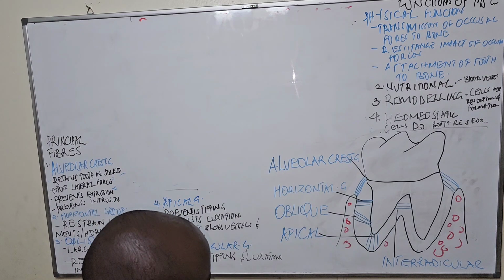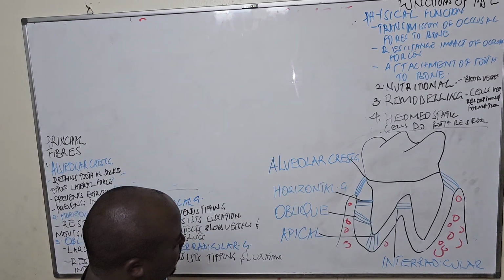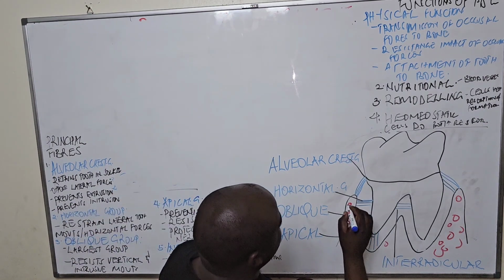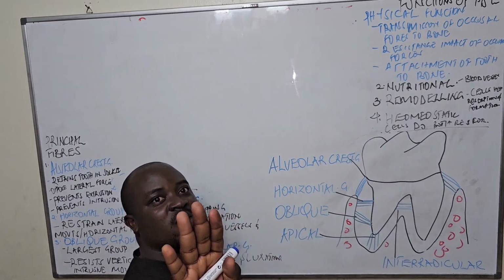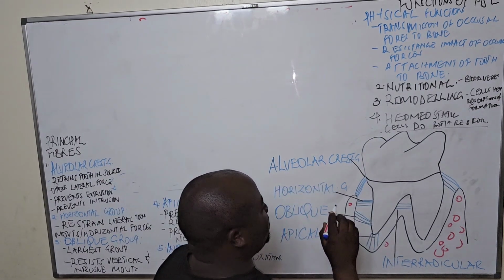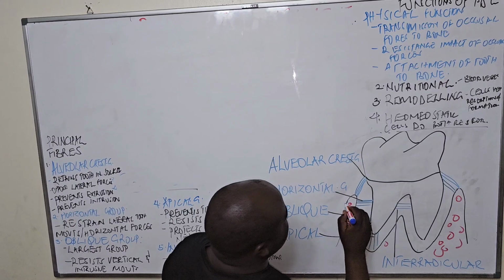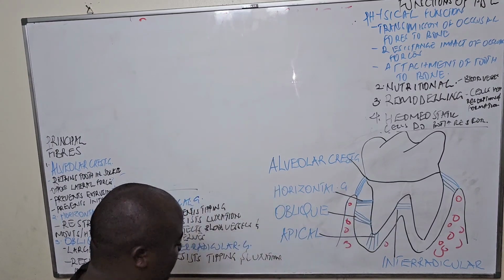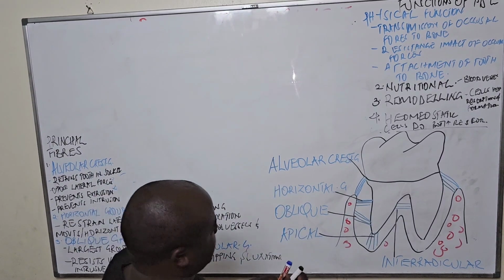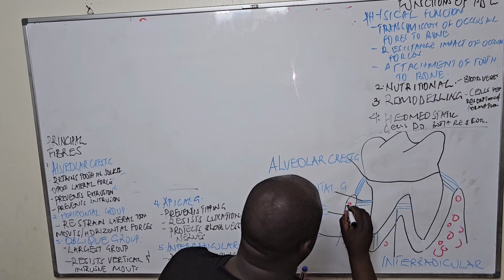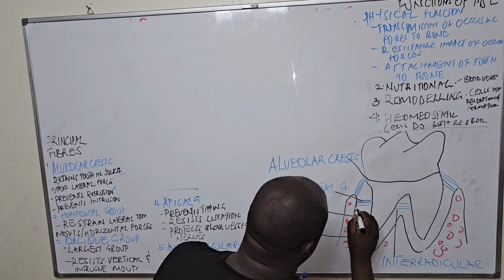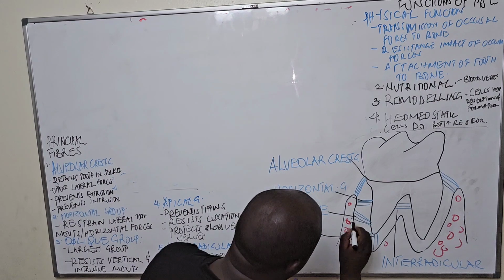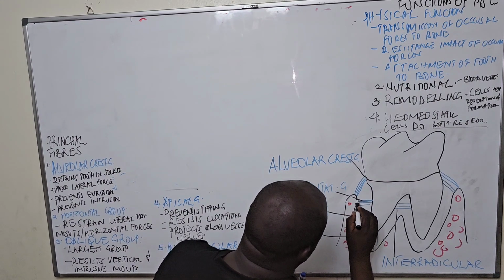Of course, you shall remember the alveolar crest. This is the alveolar bone, but the tip of this alveolar bone is called the alveolar crest. The whole of this is alveolar bone, but here is the alveolar crest.